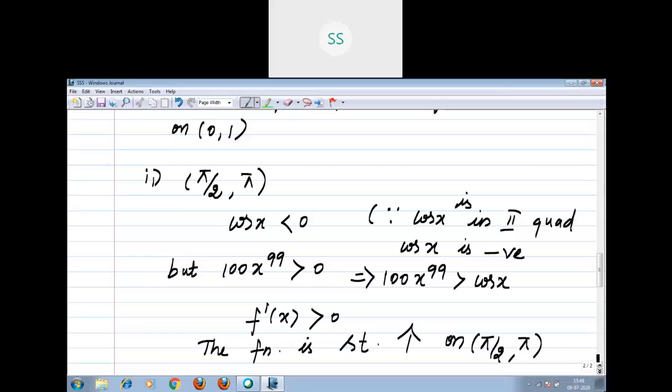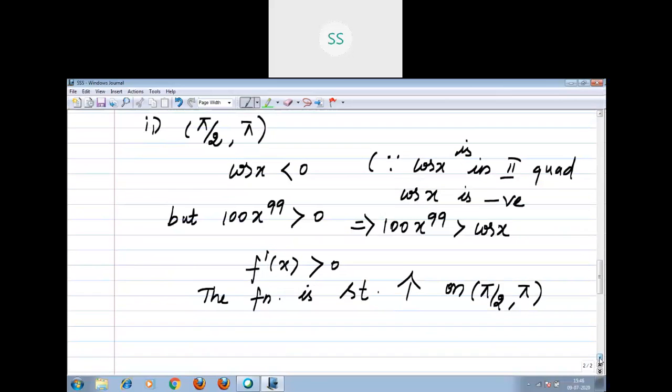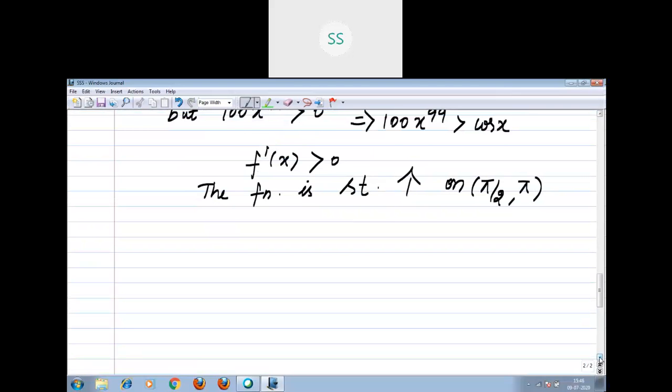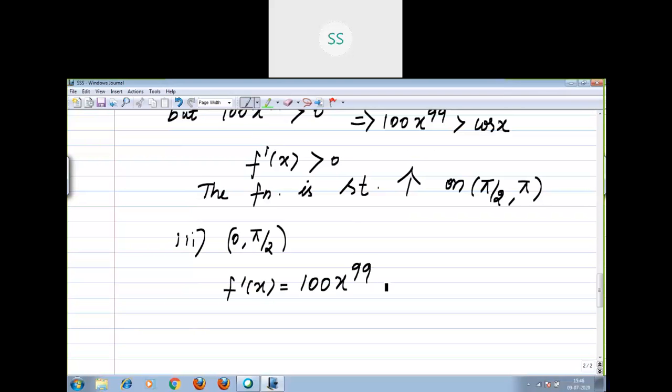Next, I'll move to the next division. What is given? 0 to pi by 2, right? The third option is 0 to pi by 2. Here you see, f dash of x equals 100 into x power 99 plus cos x.